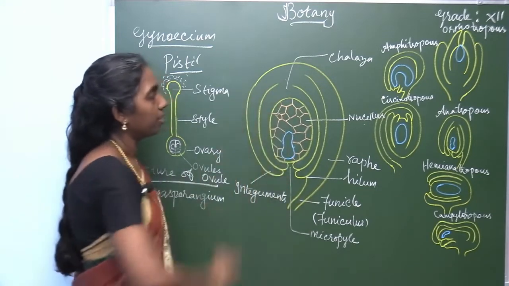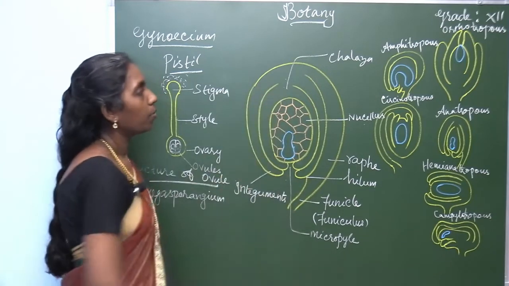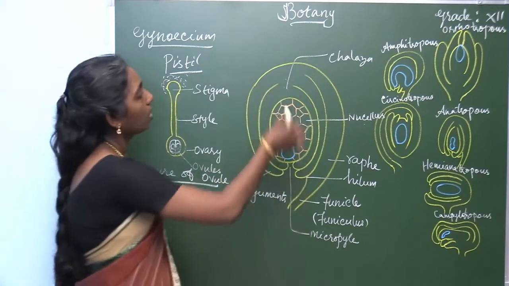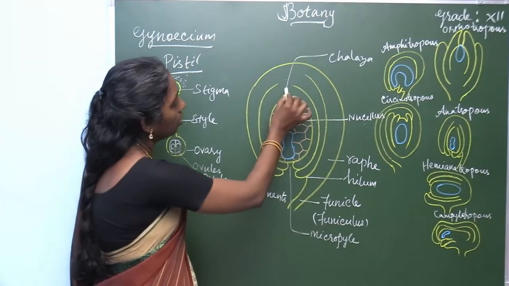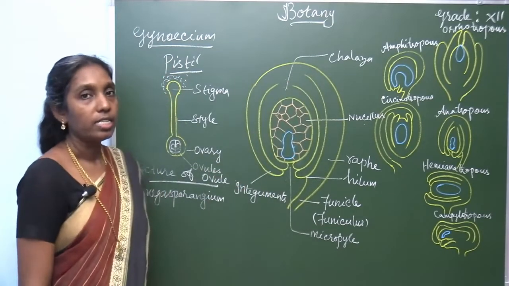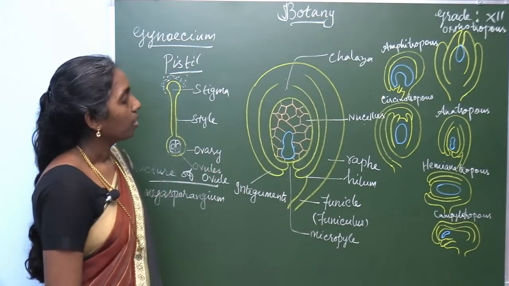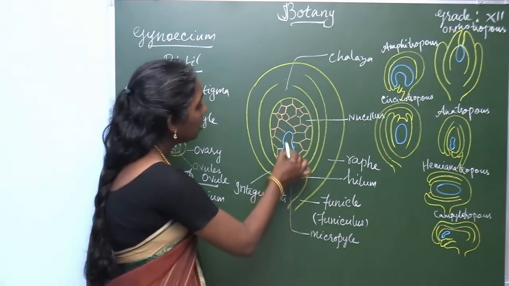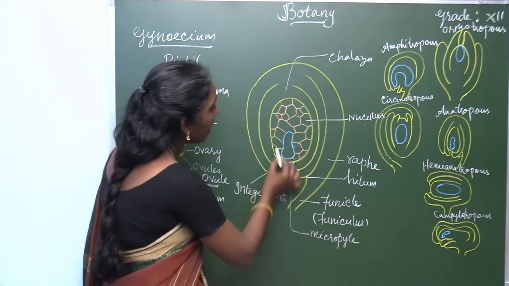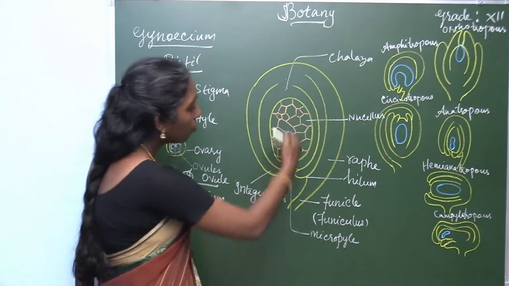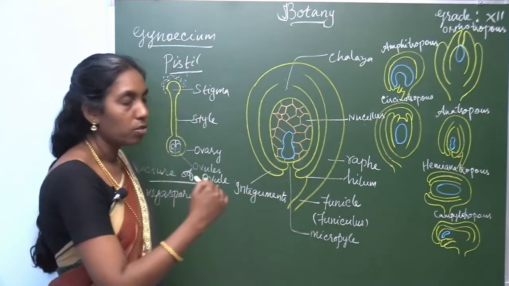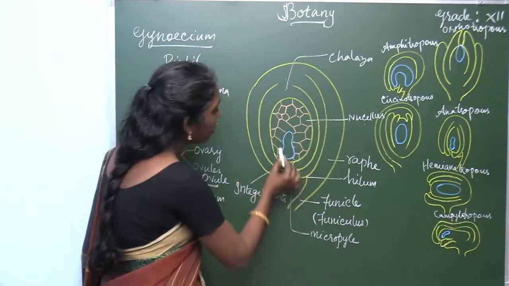Inside, towards the micropyle, within the nucellus, there is a sac-like structure.